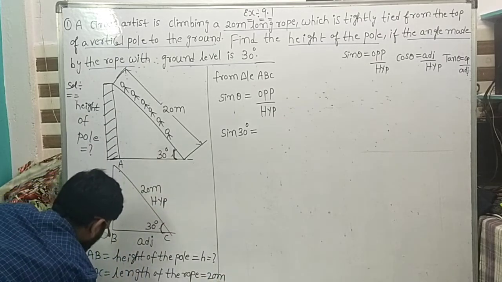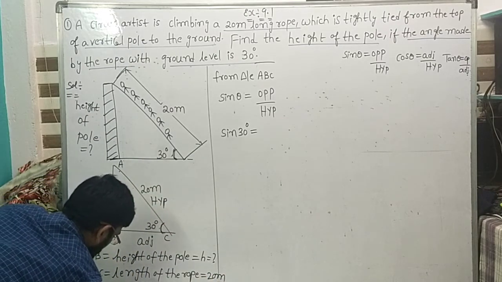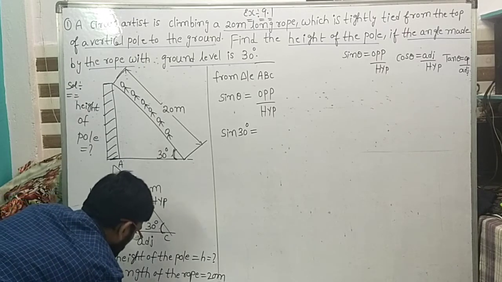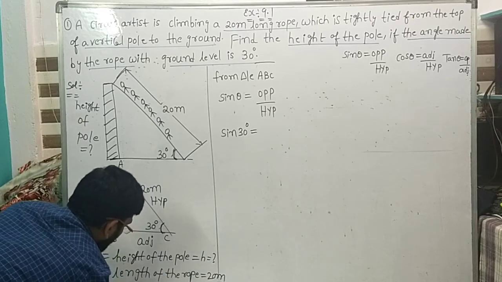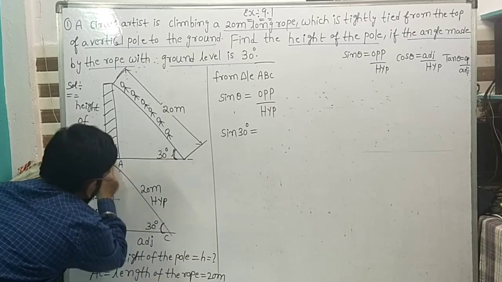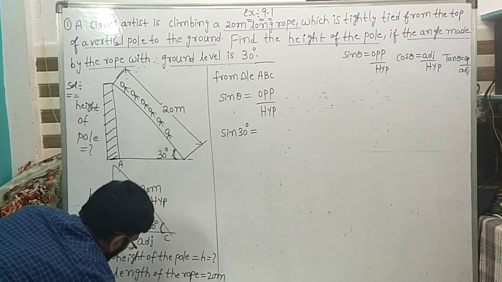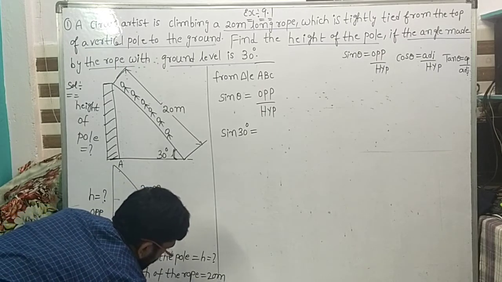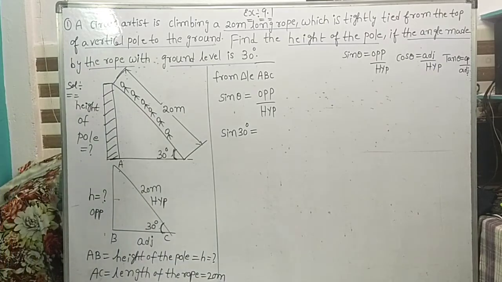Next, the angle of elevation, from here to here, theta equals 30 degrees. We have to write it like this.